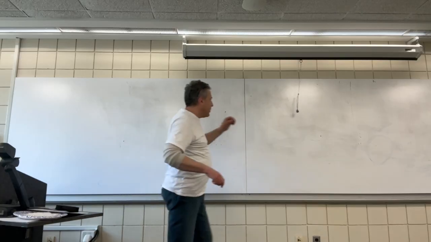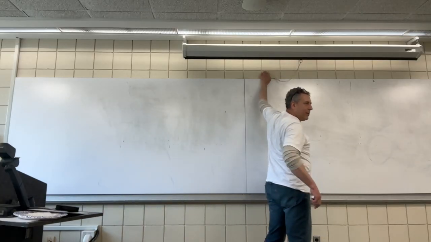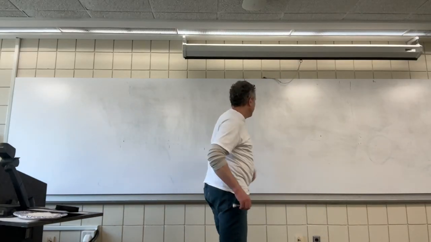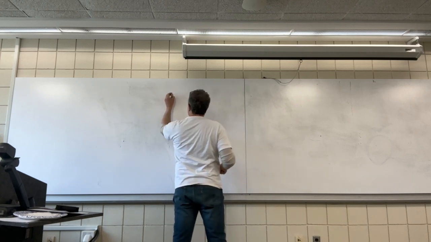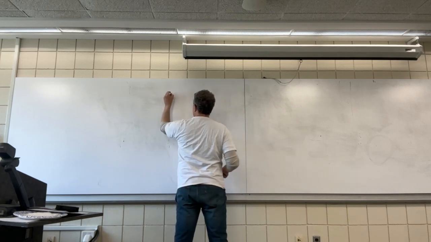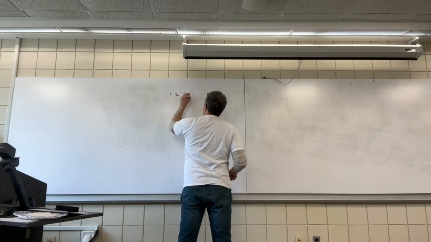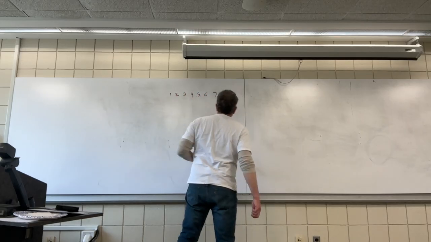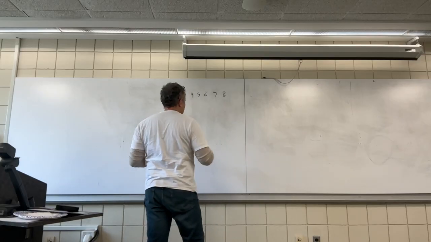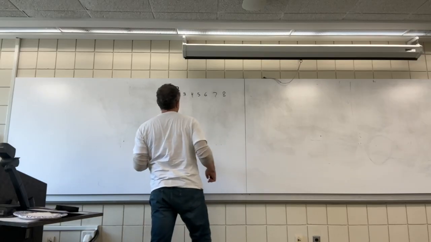So Faith wanted me to do an example like we did last time. Let's see now. I'm going to do this in a controlled way. So here's 1, 2, 3, 4, 5, 6, 7, and 8. And let me actually try to permute this in a reasonable way, not too much, not too little.